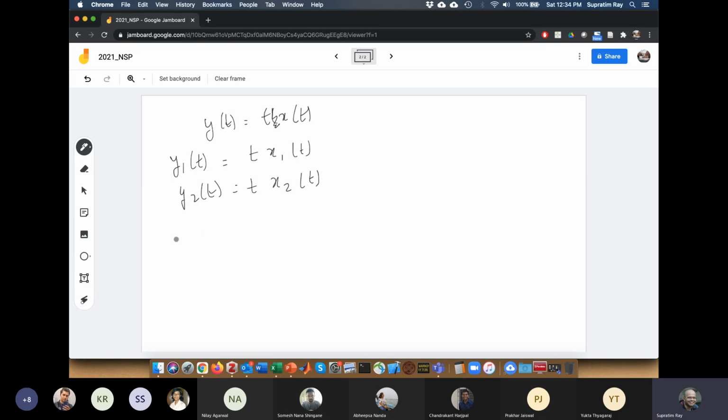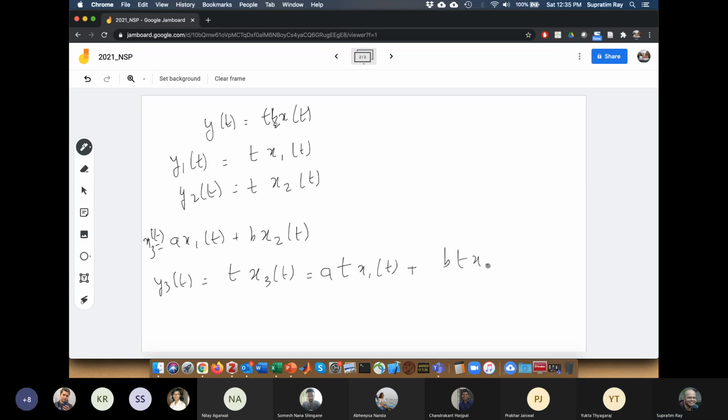And if my input is a x1 of t plus b x2 of t, it's easy to see that if this is my x3, then y3 is just t x3 of t, which is a t x1 of t plus b t x2 of t, which is just a y1 plus b y2, where y1 by definition is this and that. So this is a linear system. So this is linear.